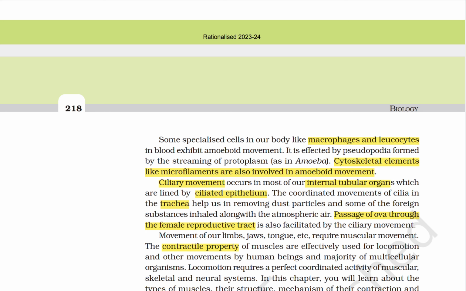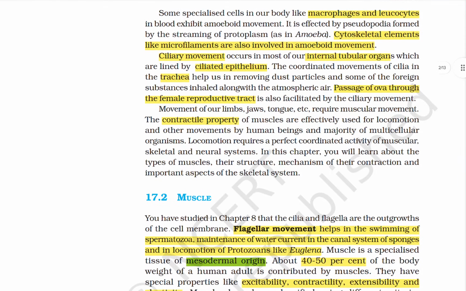Ciliary movement occurs in most of our internal tubular organs, which are lined by ciliated epithelium. Trachea and passage of ova in the female reproductive tract are also facilitated by ciliary movement. Then movements of our limbs, jaw and tongue require muscular movement. The contractile property of muscles is effectively used for locomotion and other movements by human beings.